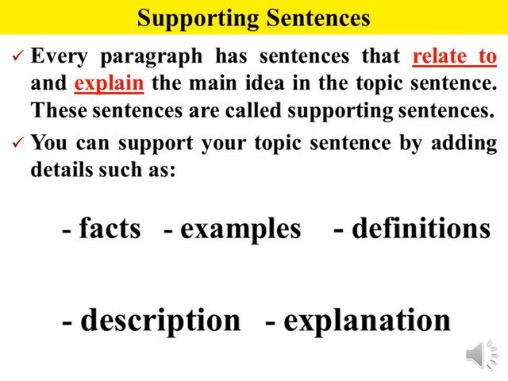When you're writing your supporting sentences, you would have facts, examples, if you want to give an example to explain, if you want to give a definition of something, or to describe something in some cases, or simply to explain. All these things could be used in supporting sentences.